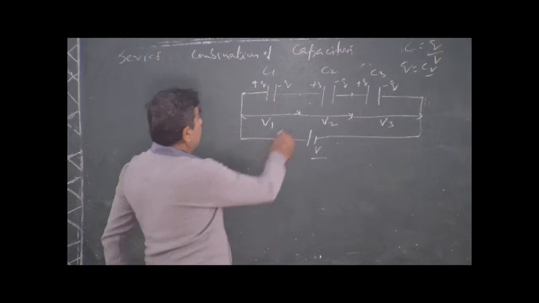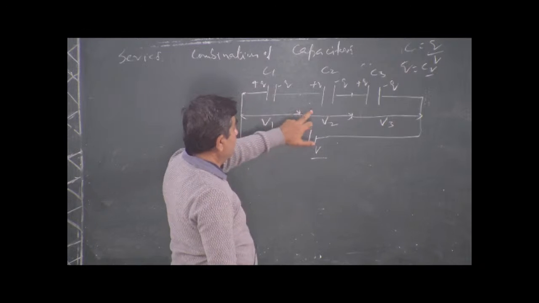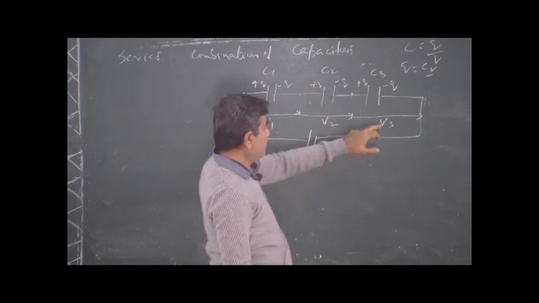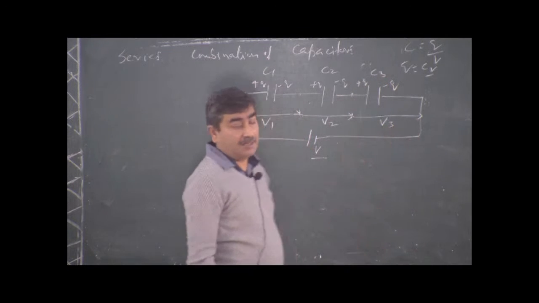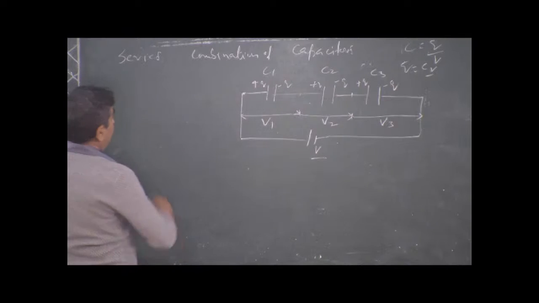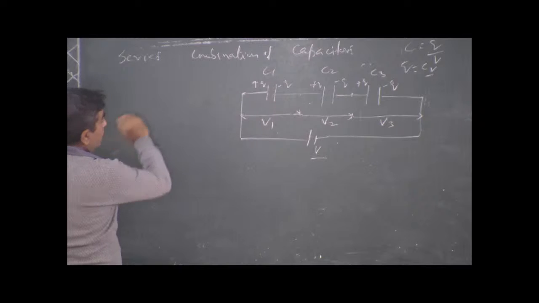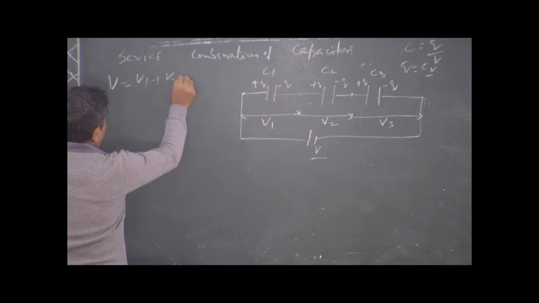Now potential across the capacitor C1 is V1, potential across C2 is V2, and potential across C3 is V3. So total potential of the combination will be V equal to V1 plus V2 plus V3.